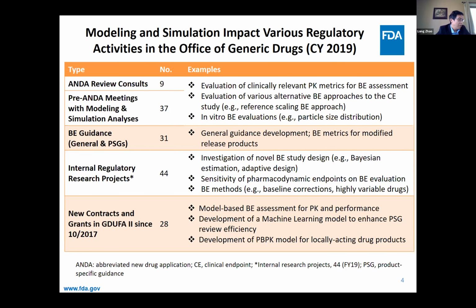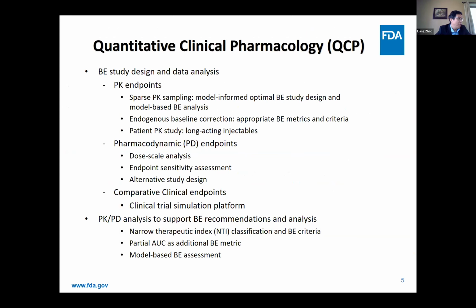Next slide. One of the frequently applied modeling tool sets is certainly quantitative clinical pharmacology, or you can rename it as pharmacometrics. QCP has been widely used for BE study design and data analysis to support science-based BE recommendations. Bioequivalence can be evaluated using PK endpoint, PD endpoint, and clinical endpoint.